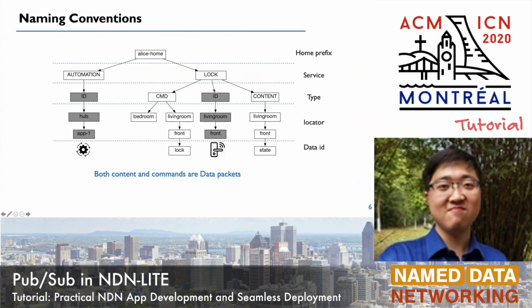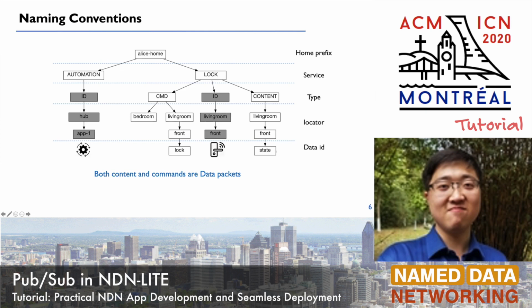Beneath this, you can have many door locks in different rooms. Say a door lock at the front door wants to publish state data, the name prefix it may use is like /home/lock/content/living room, then front door state.